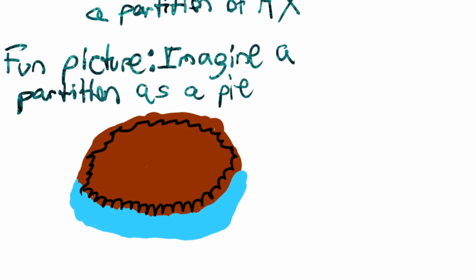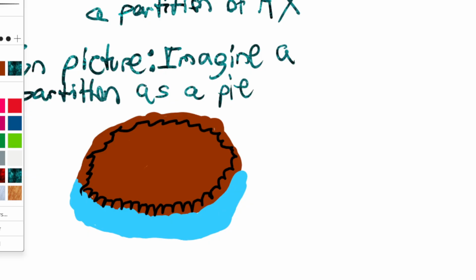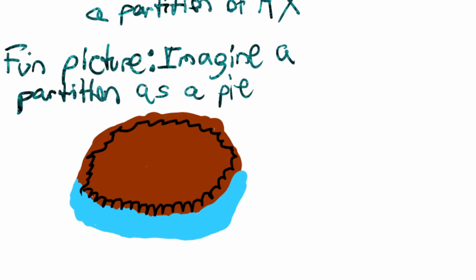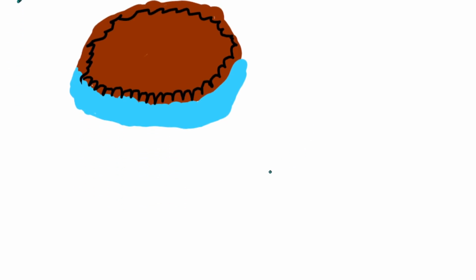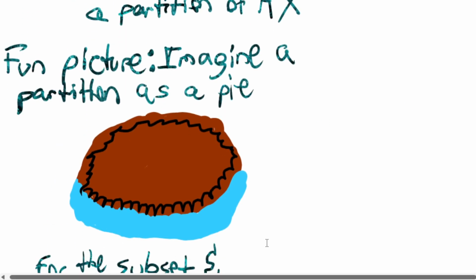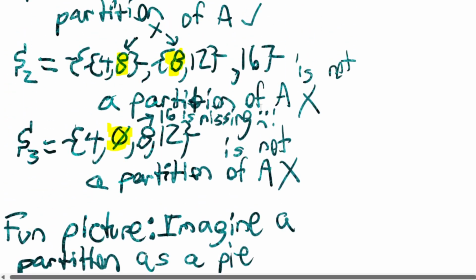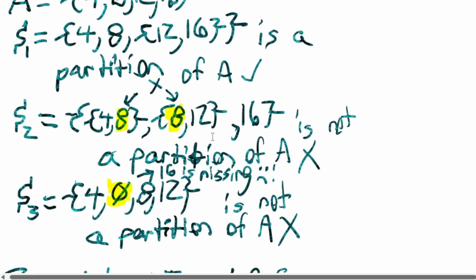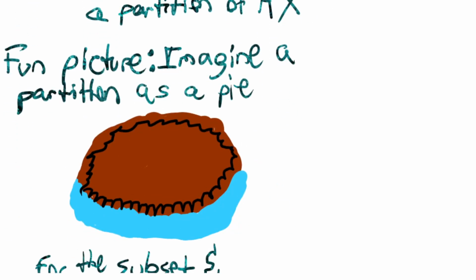So, for the subset S1, if we were to represent this as a pie, if we go back up to S1, we see that there are 3 elements inside S1, where one is a subset of A with the elements 12 and 16.